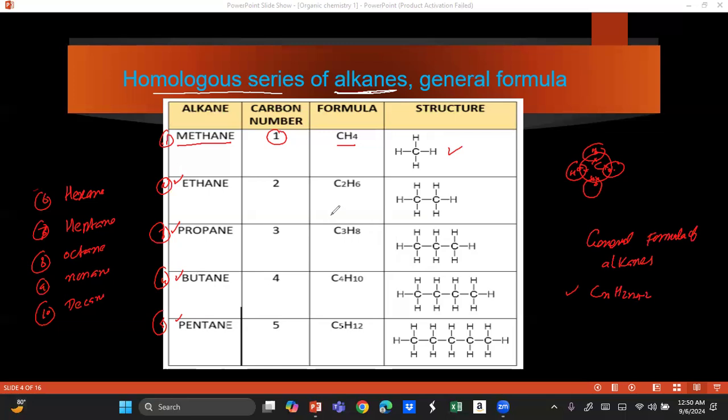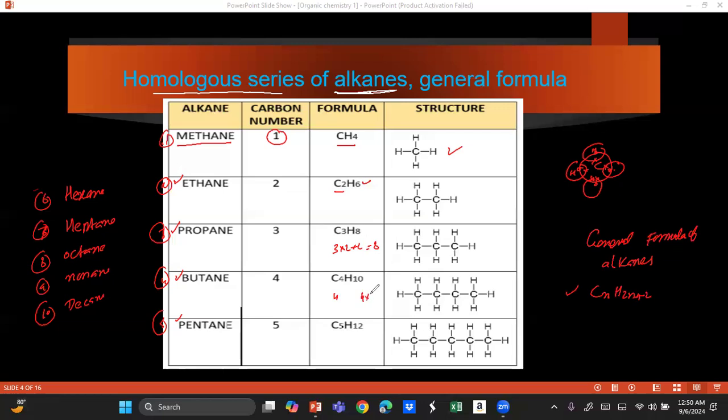Let's say if the carbon number is 2, just double the 2, that is 4, plus 2 will be 6. Similarly, you can see propane has 3 carbons. Hydrogen will be double of 3 plus 2, which is 8. Similarly, butane has 4 carbons.